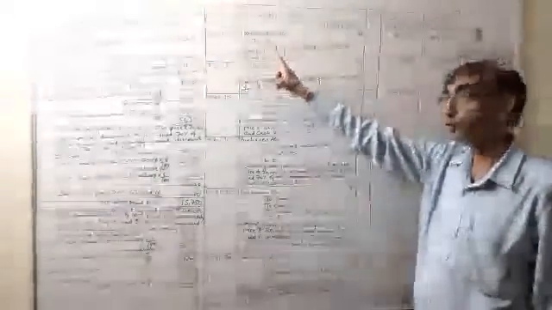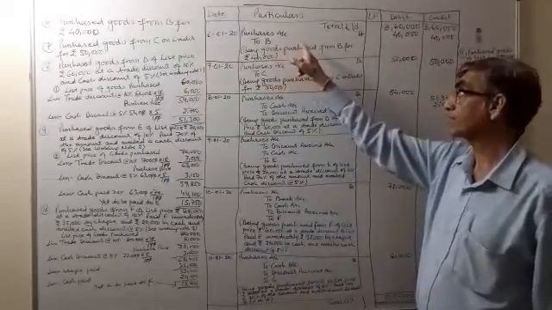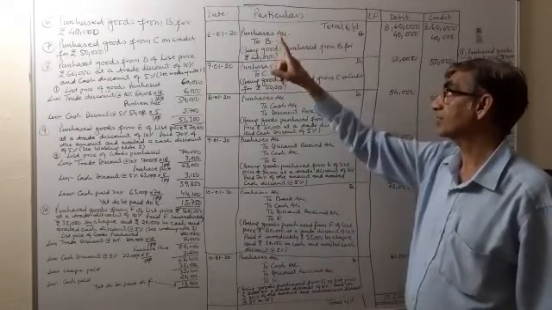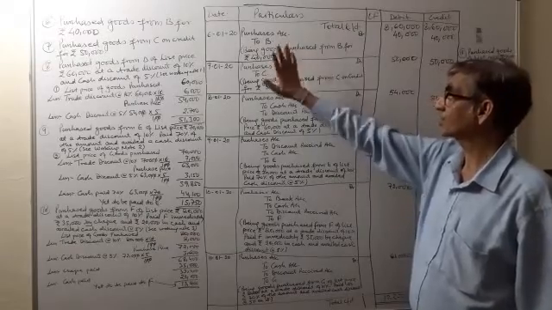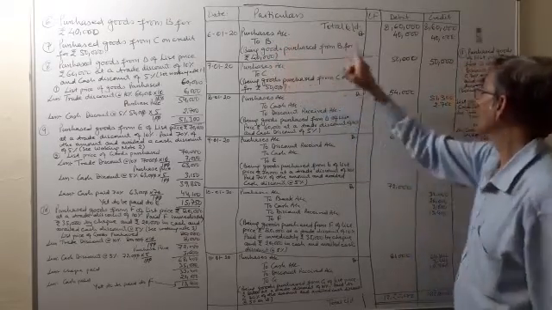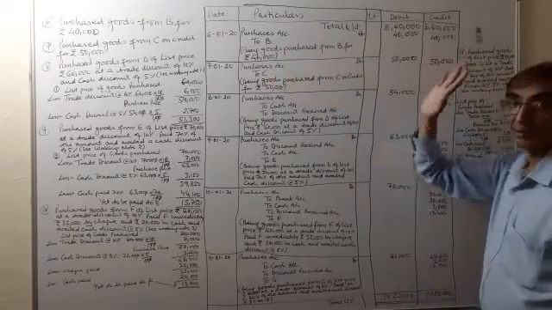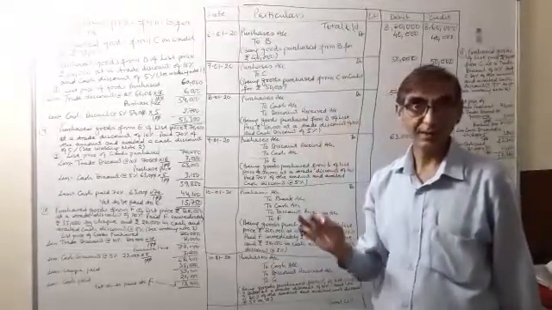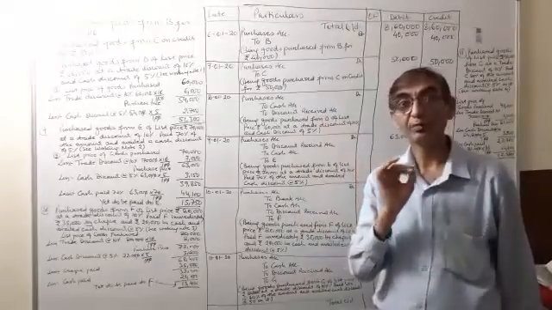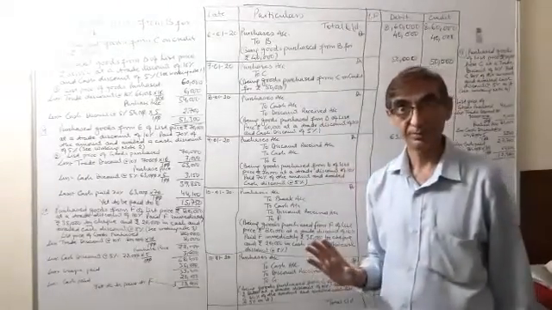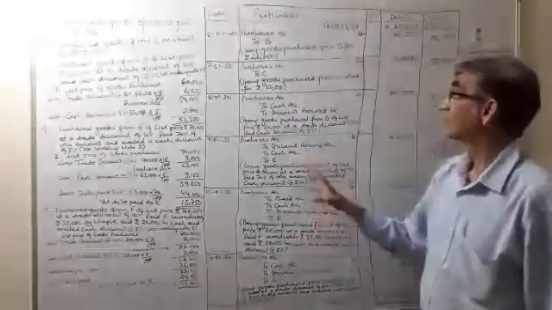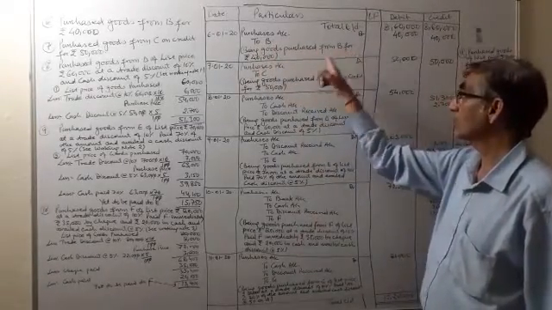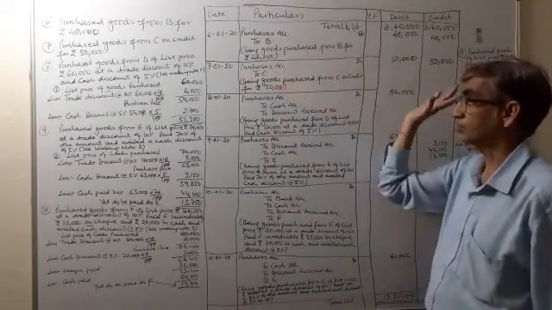And if you want to write account also, in that case you have to put apostrophe S, B's account, or just write B, 40,000. It means for a personal account, without apostrophe S, account will not be written. It's clear? And the narration will be: being goods purchased from B for rupees 40,000.